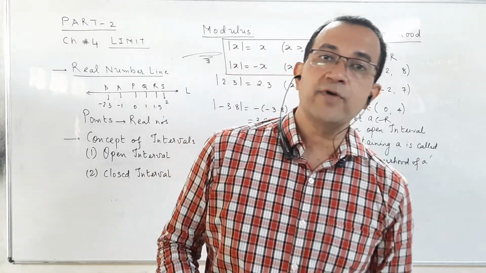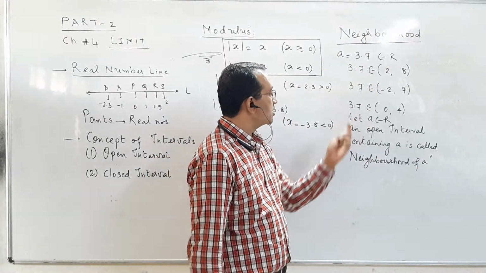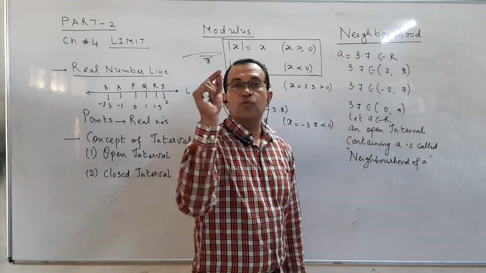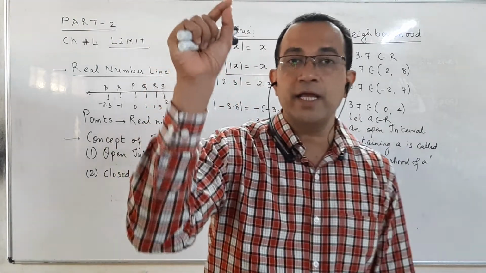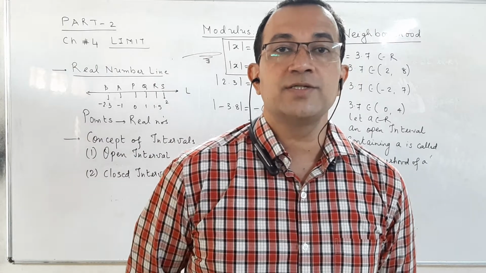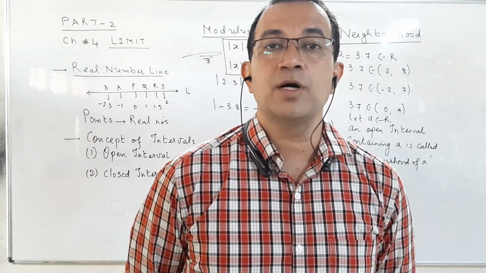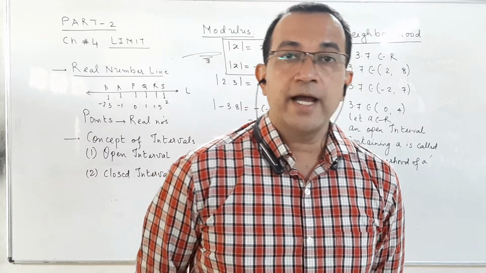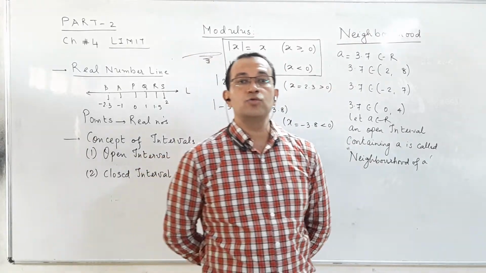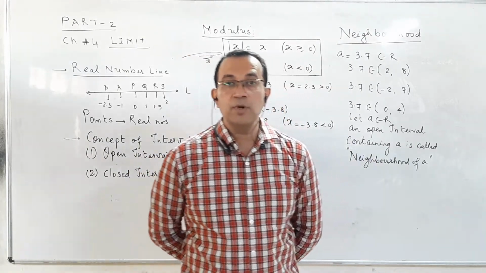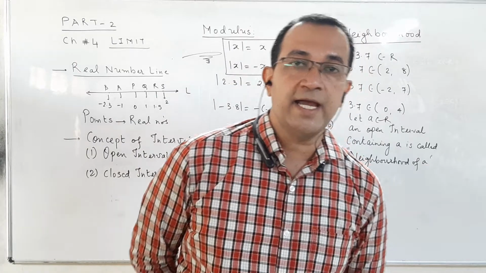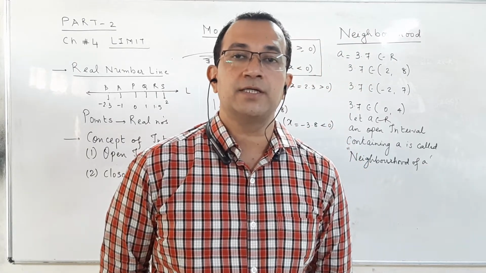Correct? I can write infinite open intervals which include 3.7. So one real number A can have infinite number of neighborhoods, and according to the definition, a neighborhood is always an open interval.